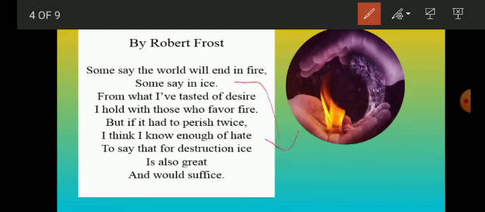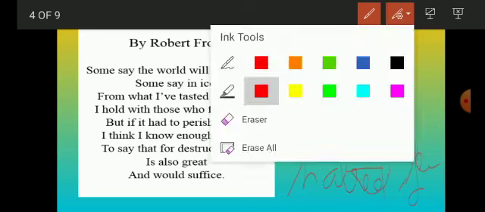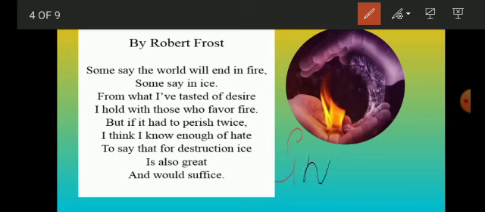Cold feelings include hatred, jealousy, insensitivity, and etc. So some people believe that the world would end in ice. It means that the earth would become frozen and be destroyed due to ice. This is the meaning of your second line.